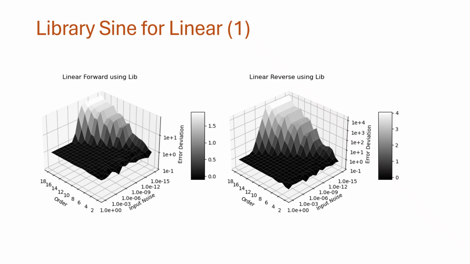And also for the reverse transform, the error deviation can no longer achieve the purple coverage region, right? If we can imagine extending, the area also becomes smaller as the order increases. We can extend this line here, and we can find that after order about 24, we can no longer achieve the ideal coverage region or purple coverage region.